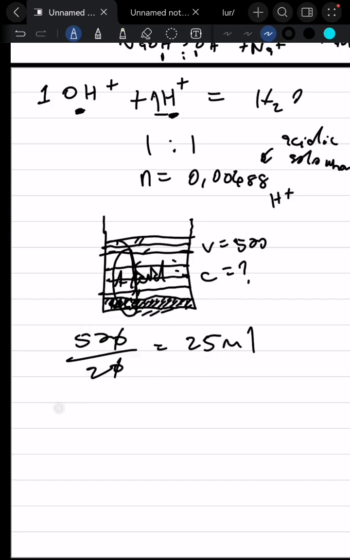So the total hydronium ions, the total number of moles.